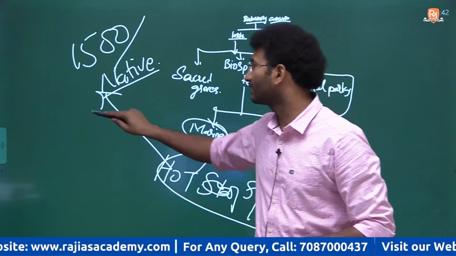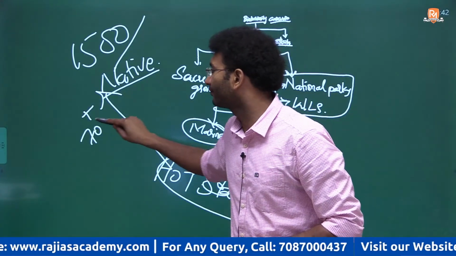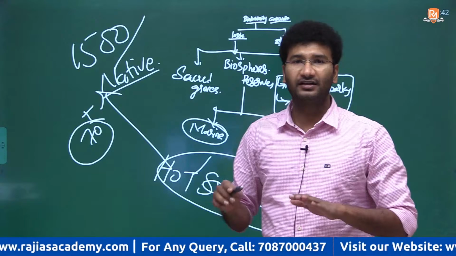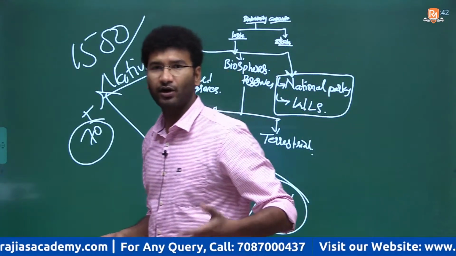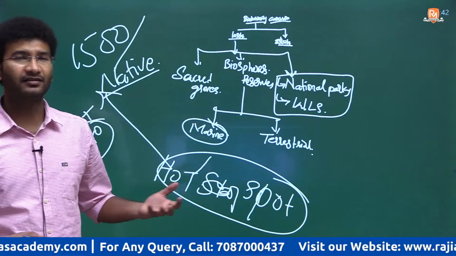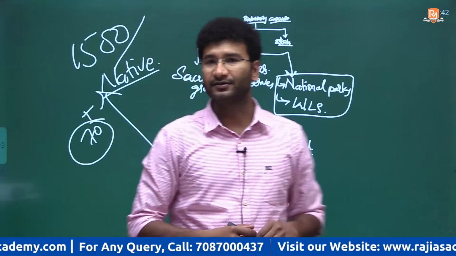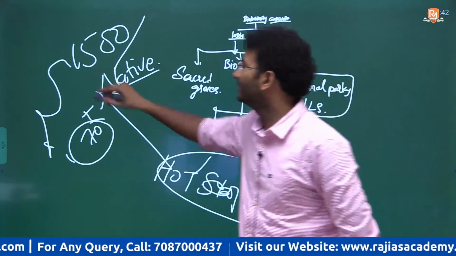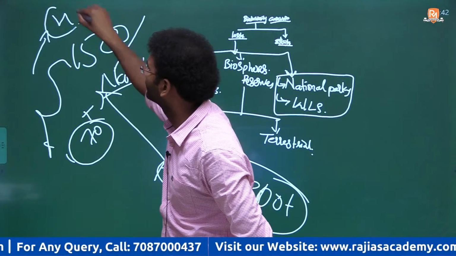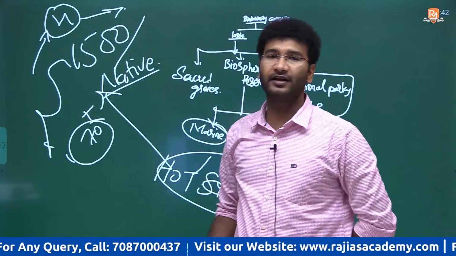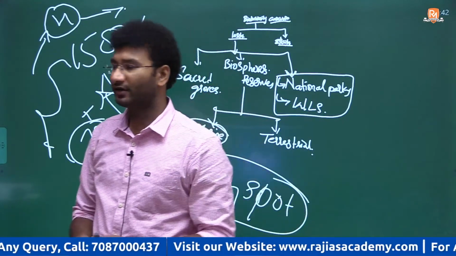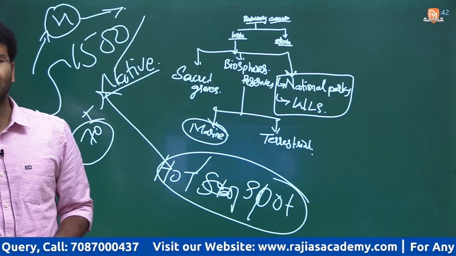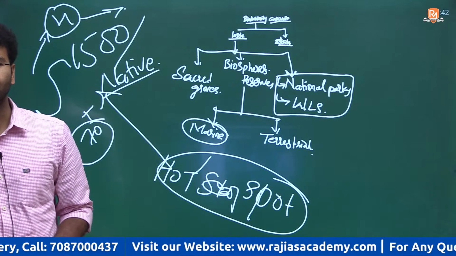Along with that, another condition is that 70% of the total native species till date might have become extinct or their threat levels are at a greater height, right? So these two conditions form biodiversity hotspots, and in India there are around 4 biodiversity hotspots, right? If you know, please comment down in the comment section what the biodiversity hotspots are.